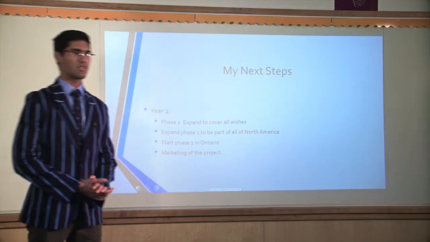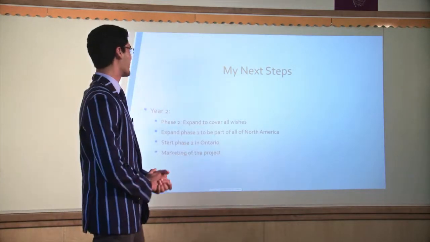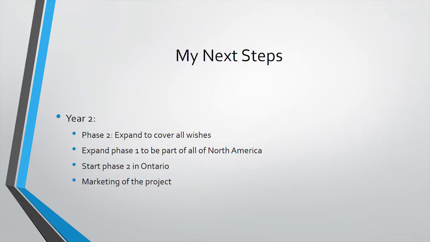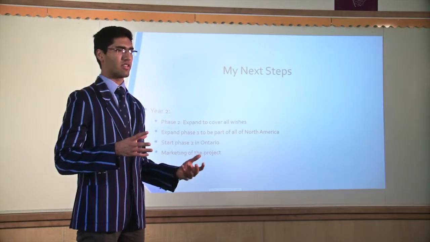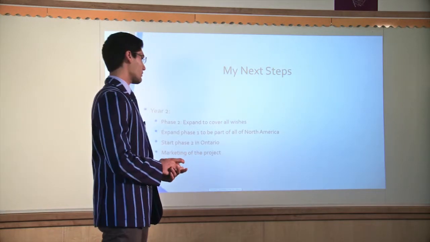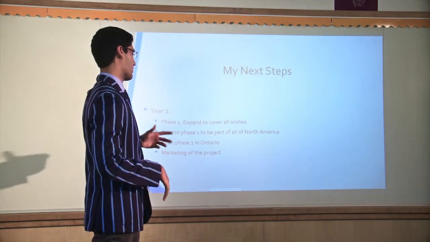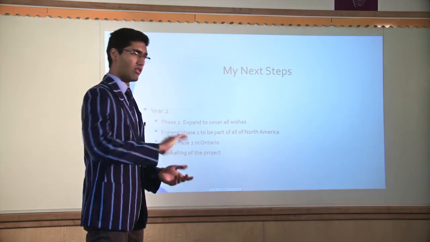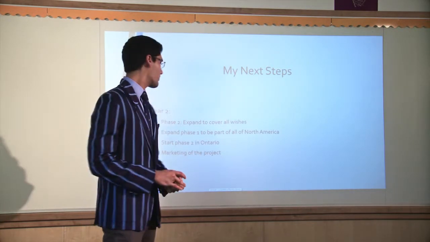So my next steps, or my 5-year timeline, is for year 2, my goals are as follows. My system can only cover around 68 to 70% of the wishes that they are doing. My plan is to initiate a phase 2 of my system, which covers all of the possible wishes that they can do.